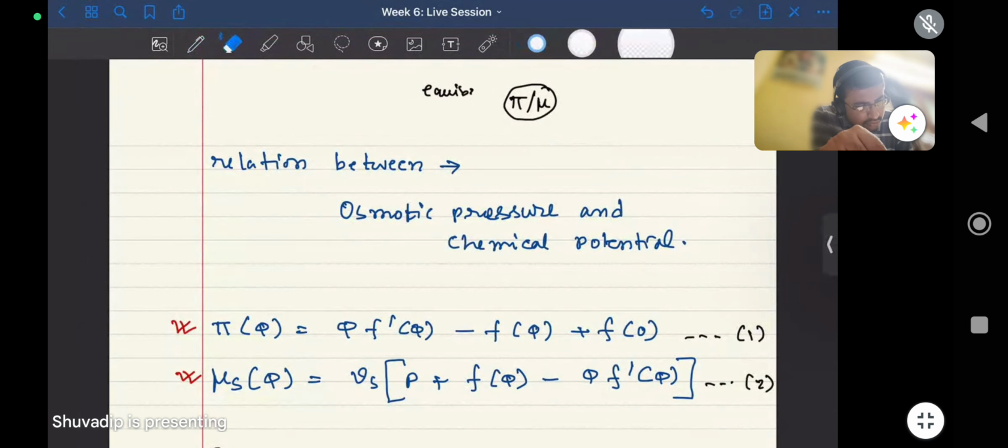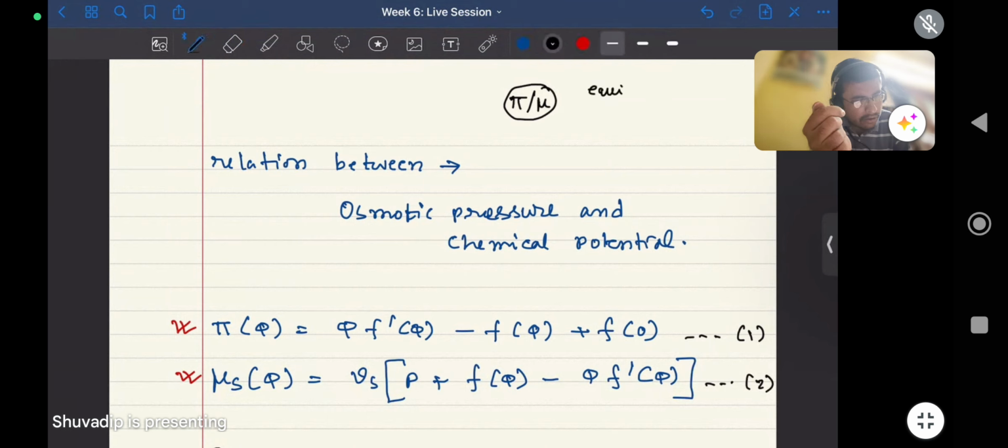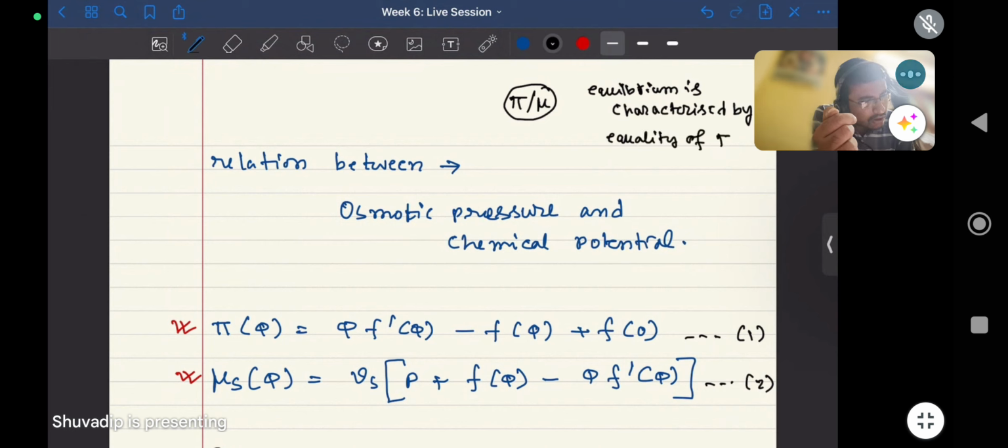So see, the equilibrium is characterized by equality of pi and mu both.